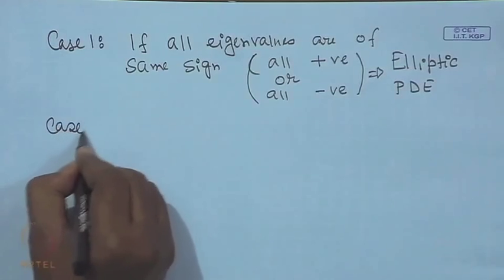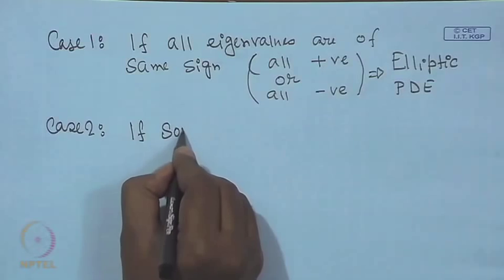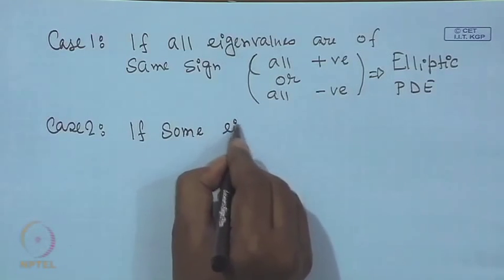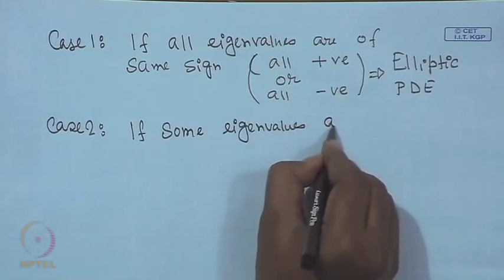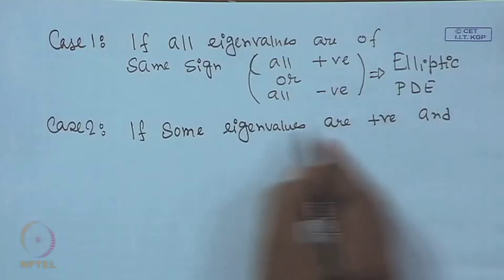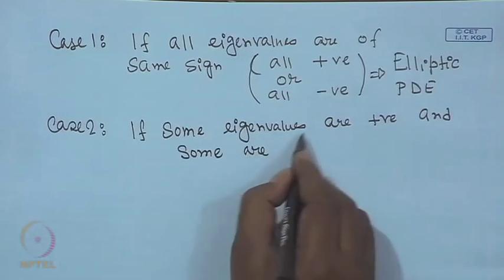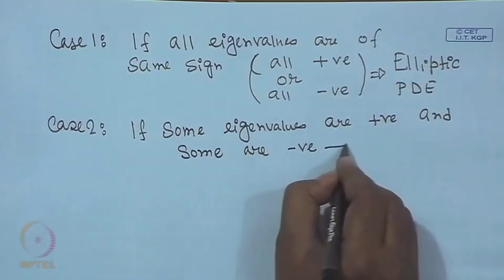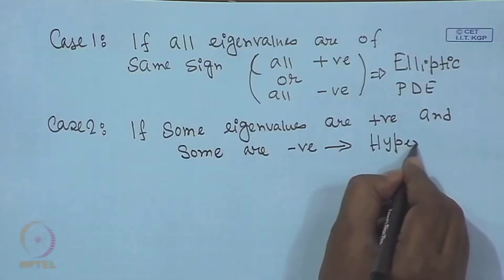Case 2: if some eigenvalues are positive and some are negative, then we call that equation a hyperbolic partial differential equation.